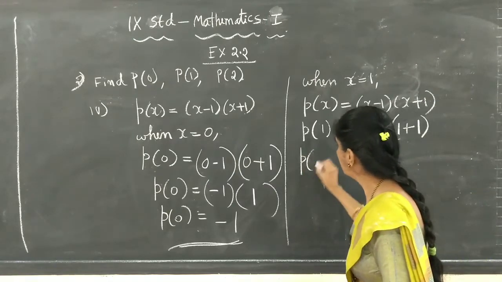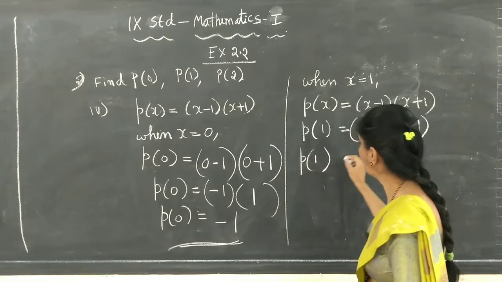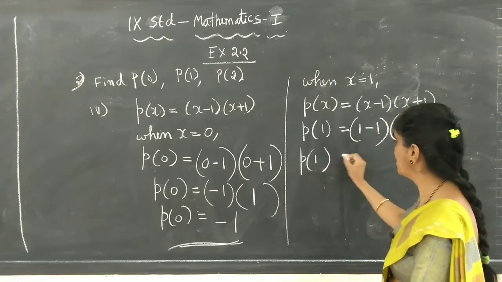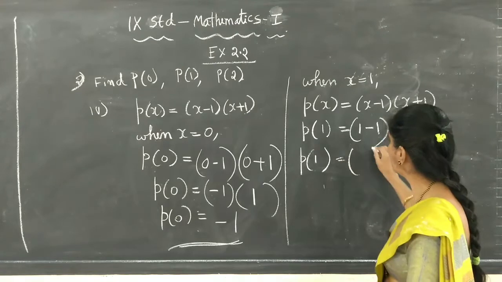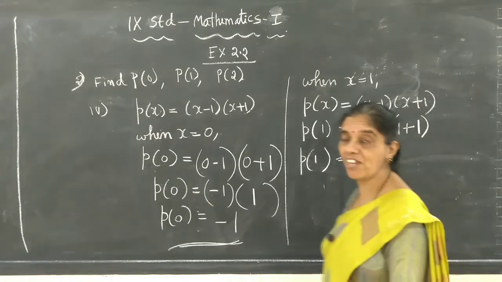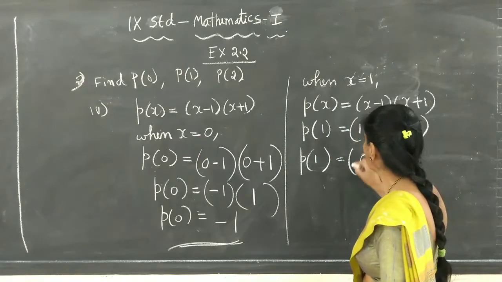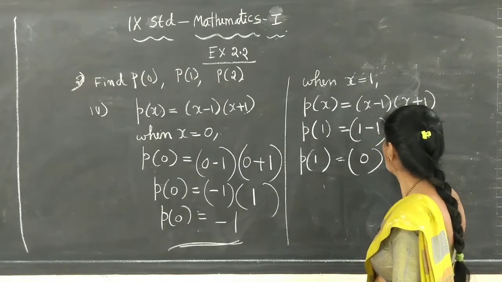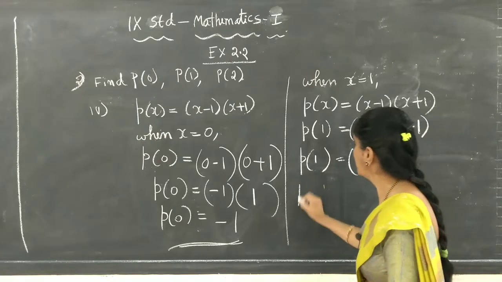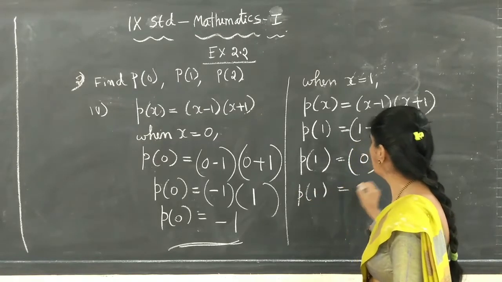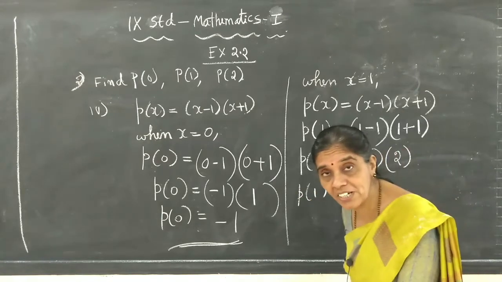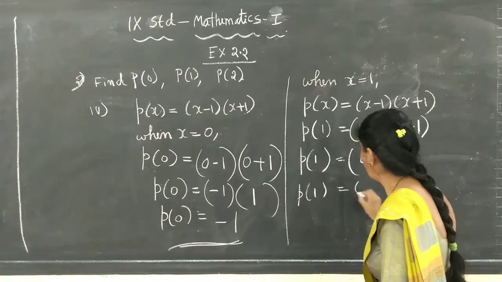So P at x equal to 1 is equal to 1 minus 1, we have to simplify the bracket value first, then multiply. 1 minus 1 is 0 and 1 plus 1 is 2, and 0 into any number is always how much, children? It is 0.